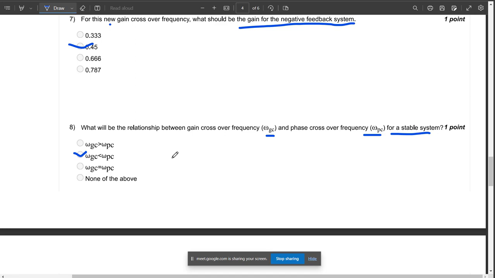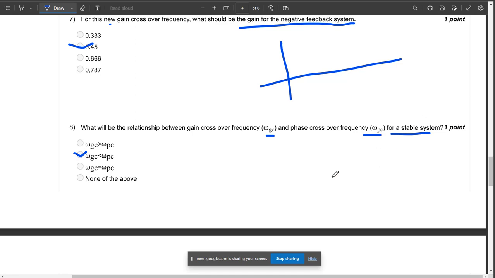Okay. All right. See, it is said that the system is stable, right? So the system can have a maximum of two poles, and it can have zero poles, one pole, or two poles, since it's a stable system.